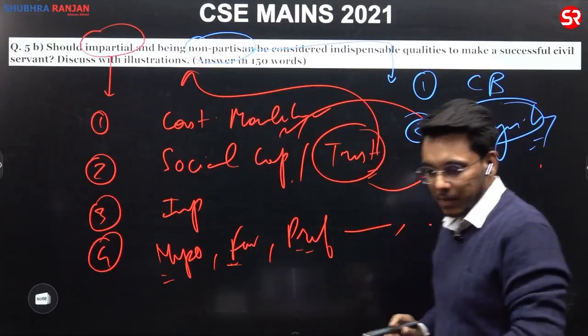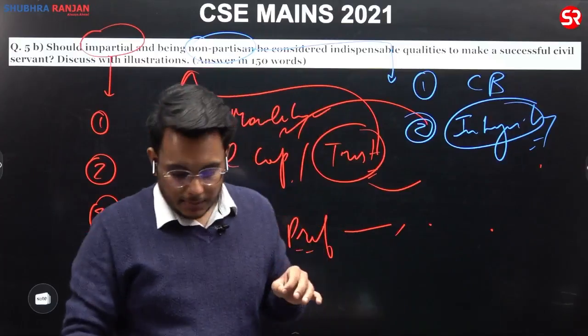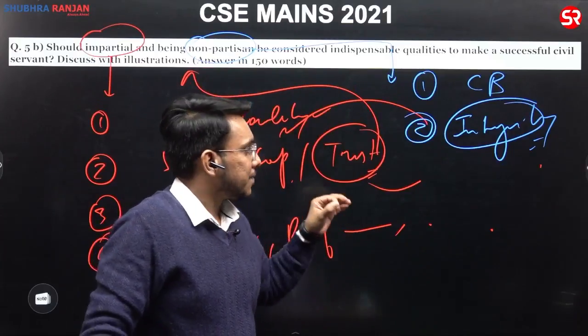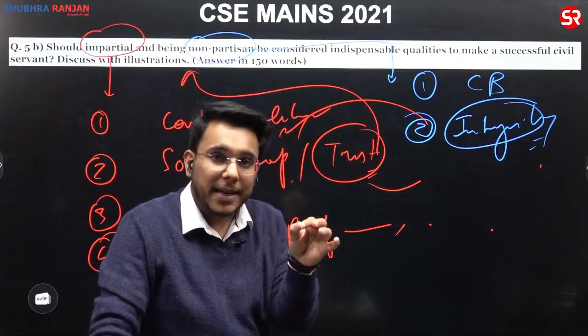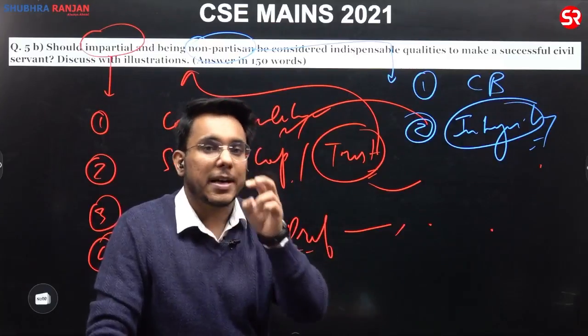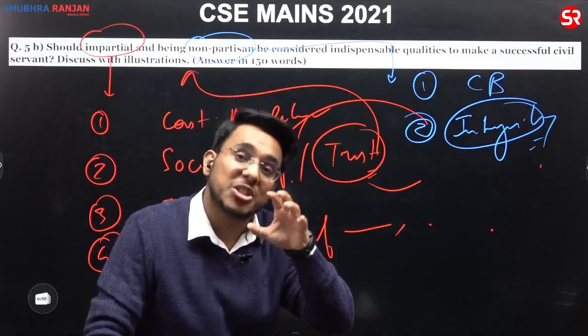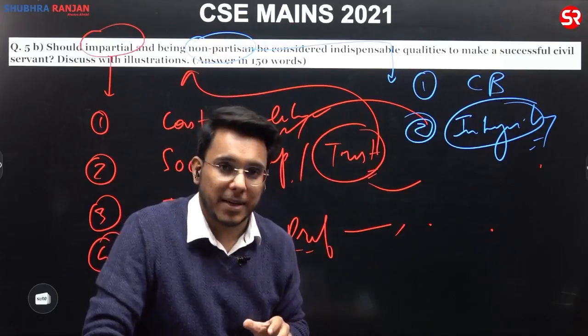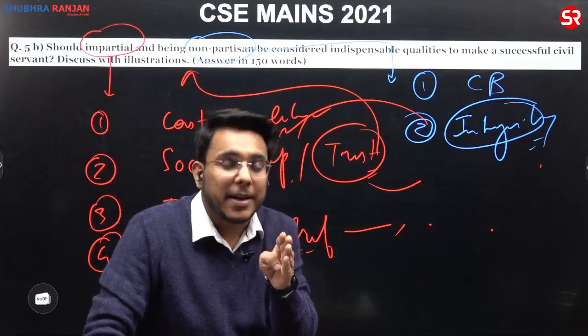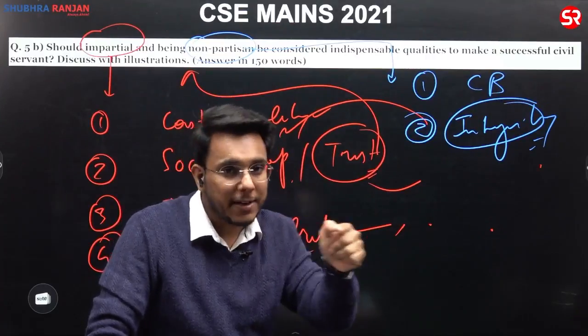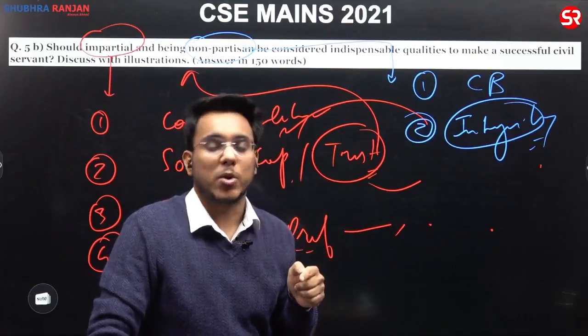See this thing. We know that the permanent executive and political executive are different. The political executive will be changed after every 5 years, but the permanent executive will serve the different governments that will be coming and going.